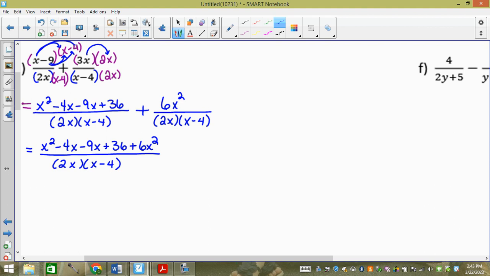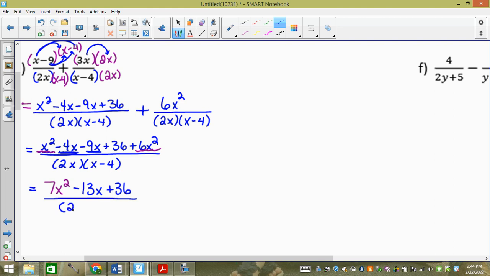And then I collect like terms. 1x squared plus 6x squareds are 7x squareds. And then I do minus 4 xylophones minus 9 more xylophones. I have negative 13 xylophones. And then plus 36, it's just by itself.